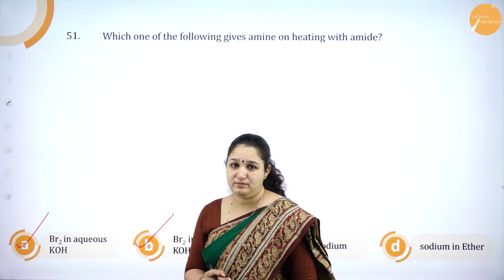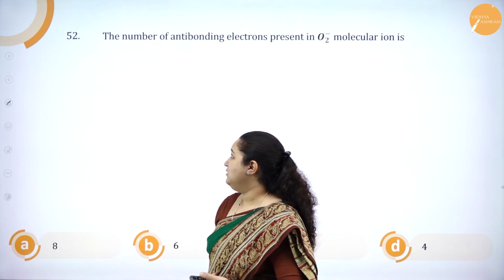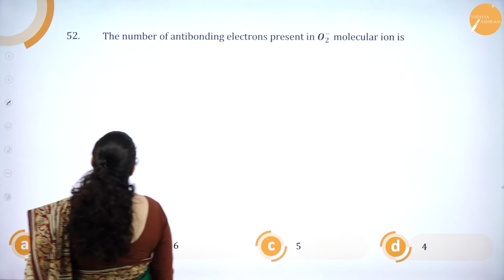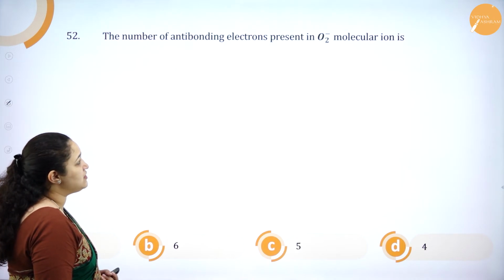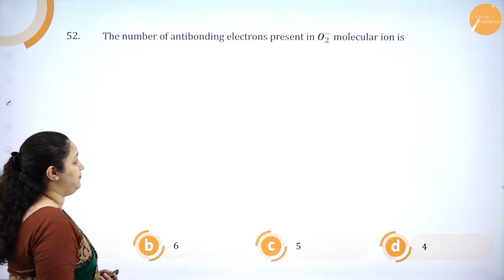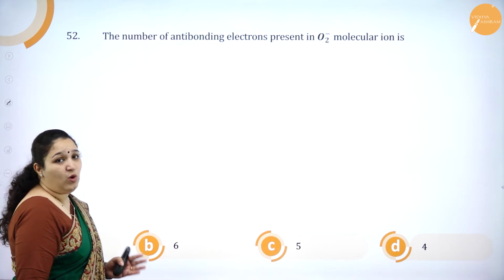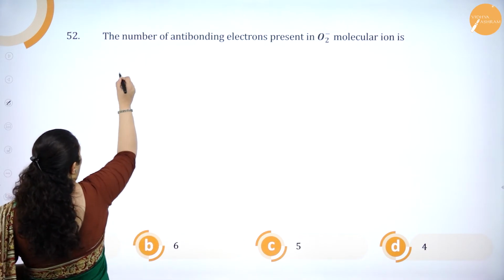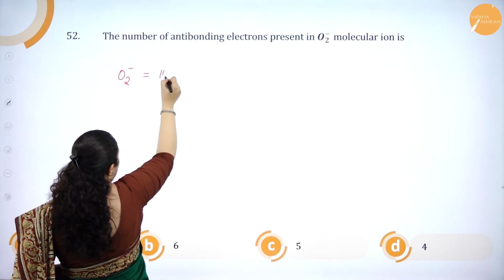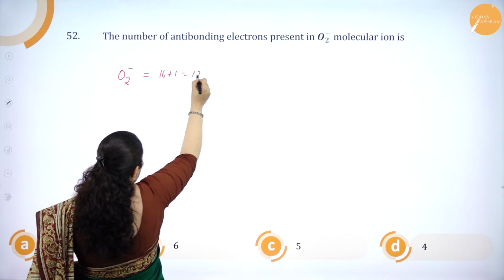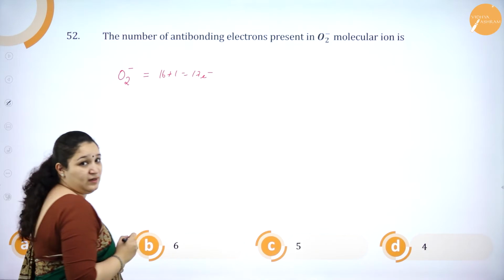Okay. So we'll see the next question, 52. The number of antibonding electrons present in the O2 minus molecular ion is. Here O2 minus, you have O2 with one extra electron. So it is 16 plus 1, you have 17 electrons. Correct?